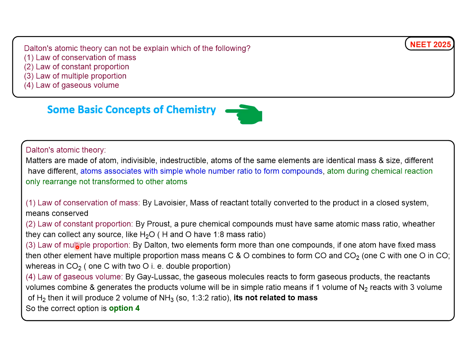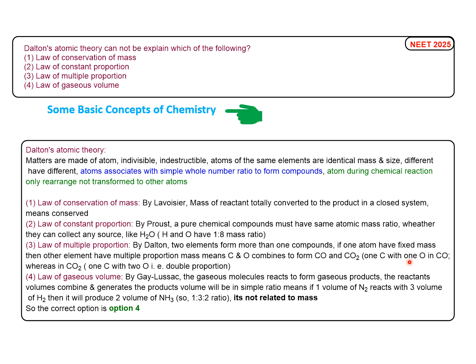Now, the law of multiple proportion. This is given by Dalton. When two elements form more than one compound, if one element has a fixed mass, then the other element combines in multiple proportion masses. For example, carbon and oxygen are two different elements that combine to form CO and CO2.